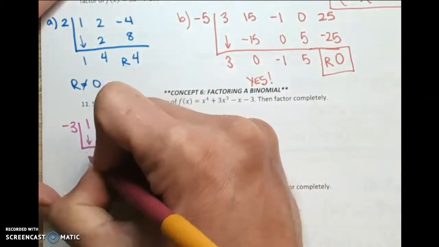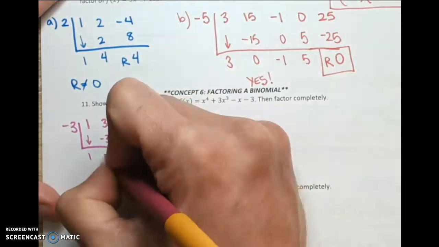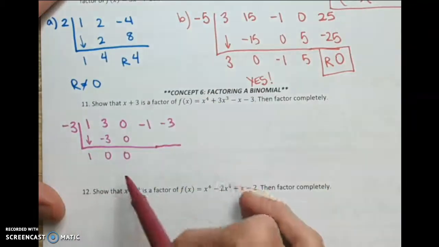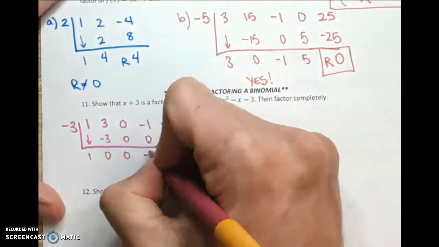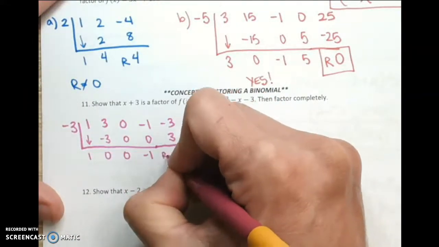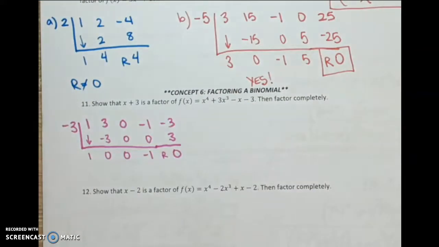Bring down the 1. Multiply by negative 3, I get negative 3, and that's 0. Multiply that, I get 0. Bring down the 0. Negative 3 times 0 is 0. Bring down a negative 1. Multiply that by negative 3, I get positive 3. And my remainder is 0. And that is good. That's what I wanted.